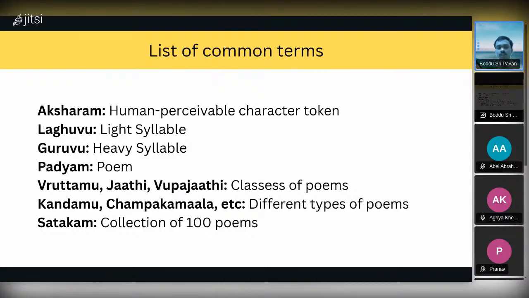Guru means the heavyweight syllable. Padyam means the poem. Vruttamu, Jati, Upajati mean different classes of poems. Inside each class, poems are again classified into different types like Kandamu, Champakamala, Uppalamala, etc. Shatakamu means the collection of 100 poems.